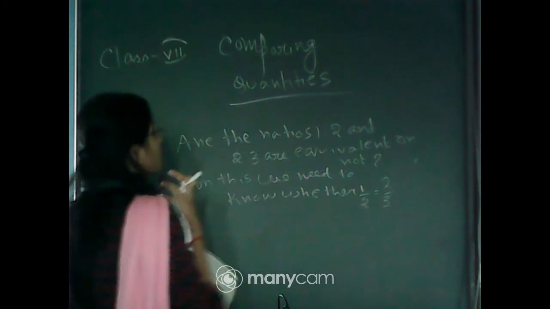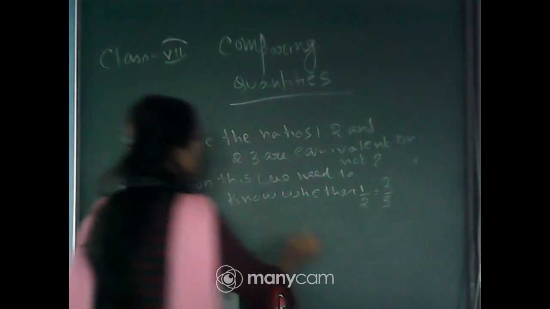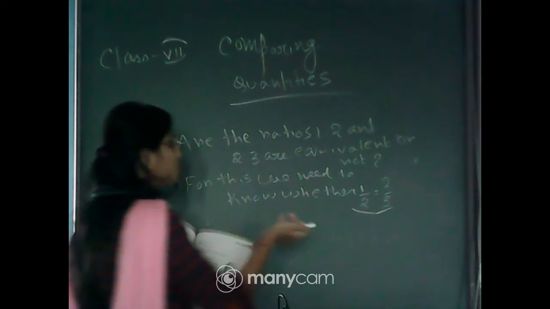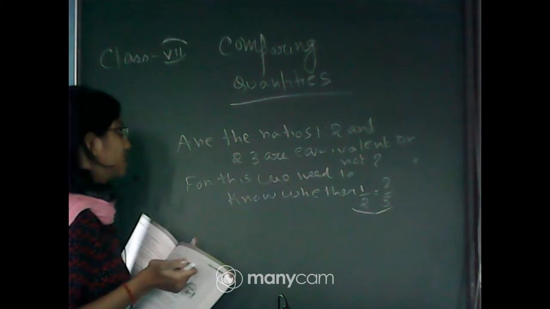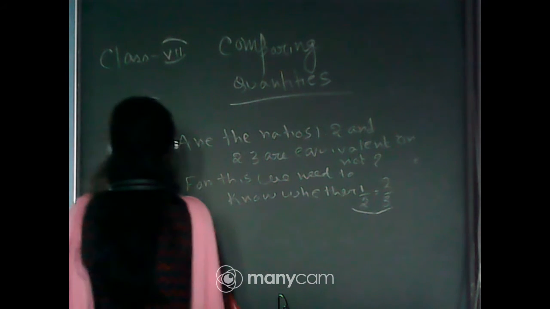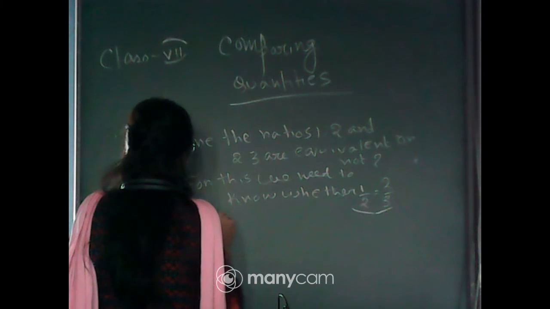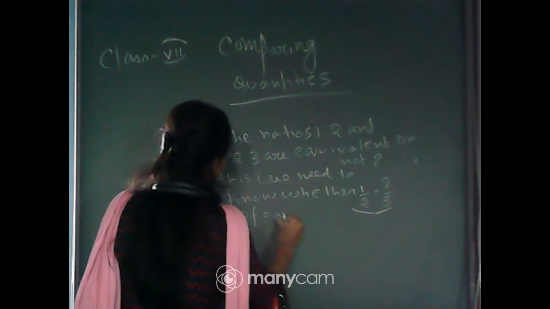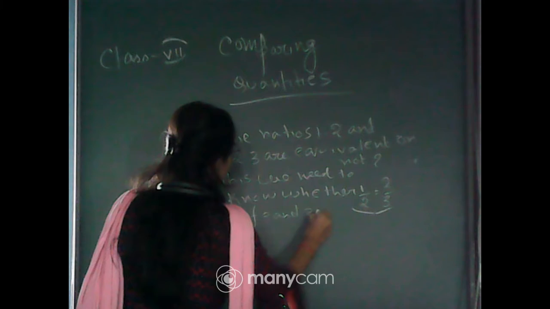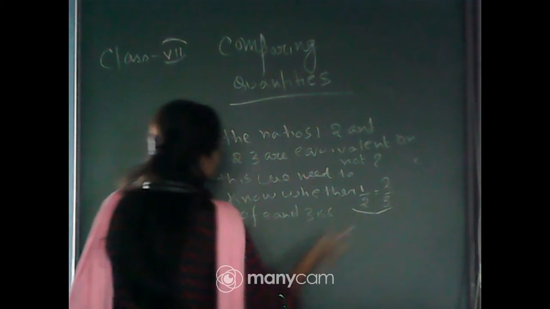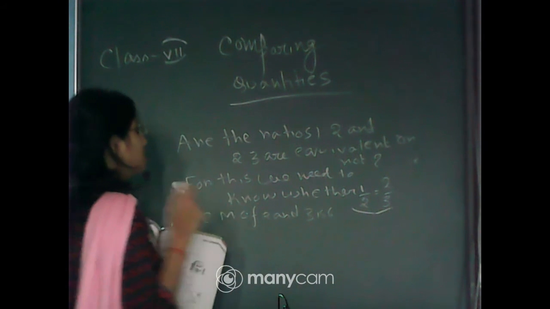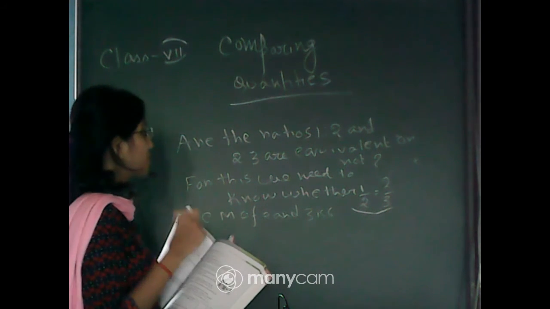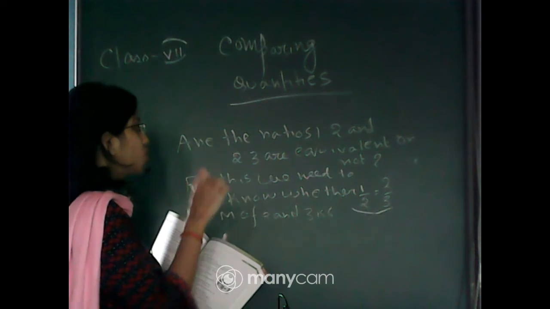Okay. First, we make the denominator same. That is, we convert the ratios into like fractions. Since LCM of 2 and 3 is 6, to make the denominator 6, we multiply the first ratio by 3 and the second ratio by 2.